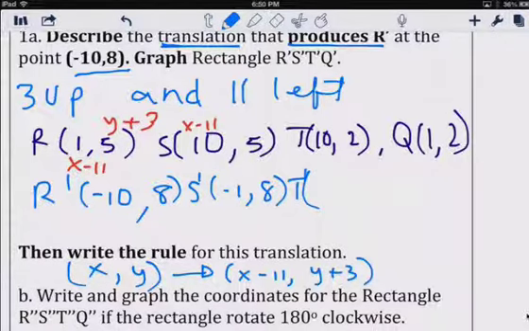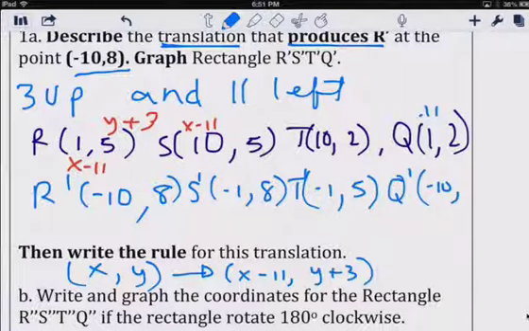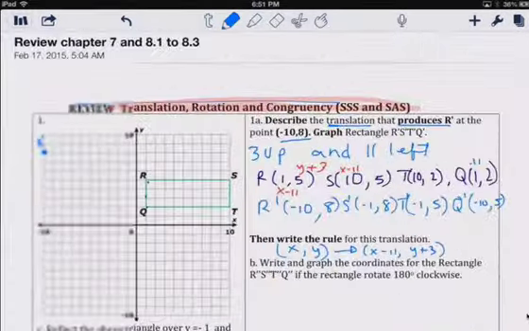T prime is minus 11, it's negative 1. Add 3 is 5 here. Q prime is minus 11, it's negative 10. Add 3 is 5. Okay?